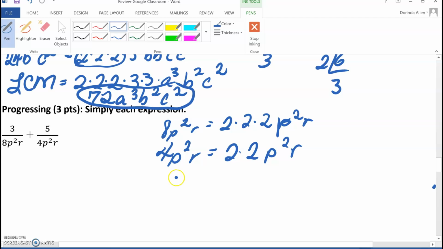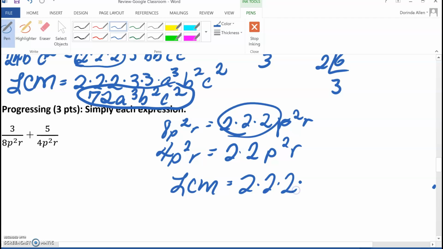So I need at least 3 2's, 2 p's, and 1 r. So this one has 3 2's, 2 p's, and 1 r, so it doesn't need anything. But this one only has 2 2's, so it's going to need another 2.